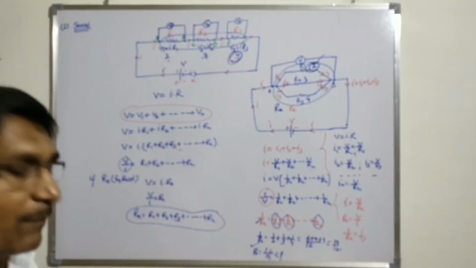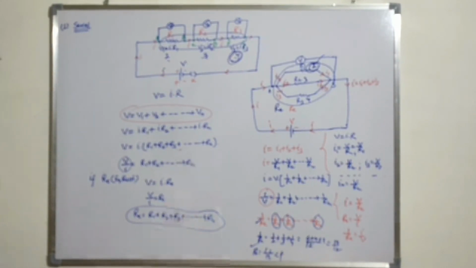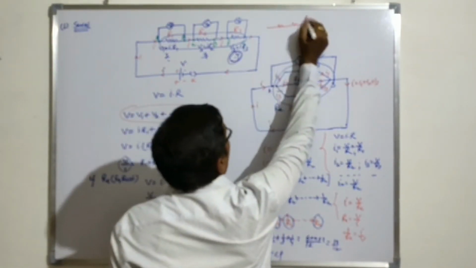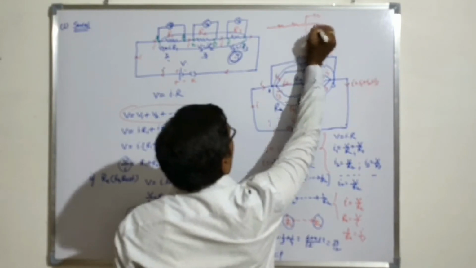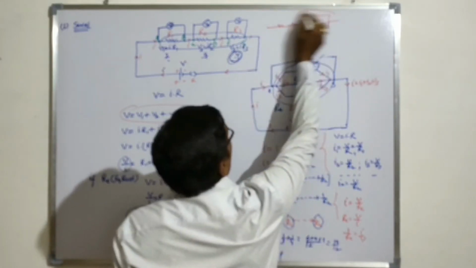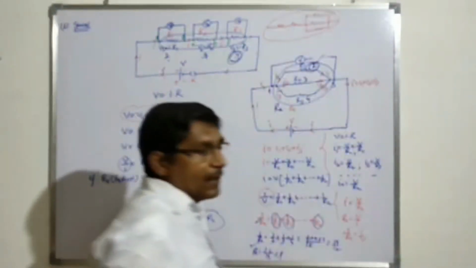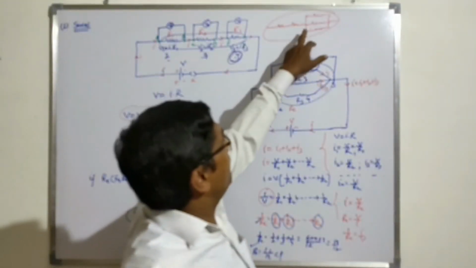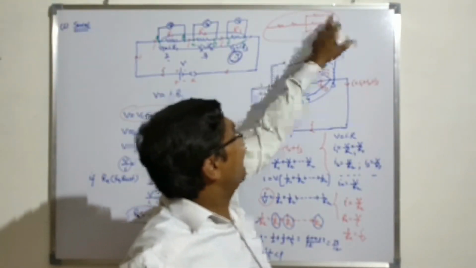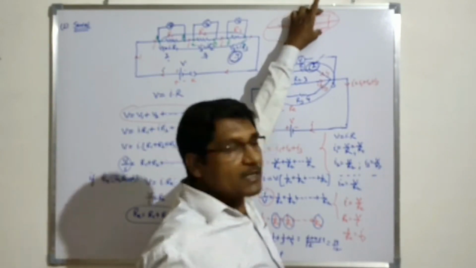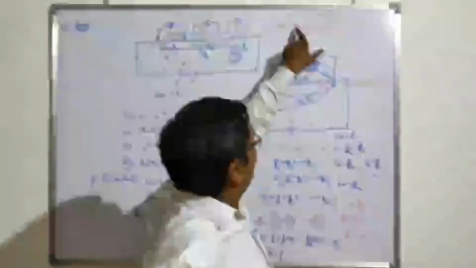And third is the mixed combination. The mixed combination is a mixing of series and parallel like this. Suppose two resistors are connected in series and these are connected in parallel. This is called a mixed combination. In this type of question, firstly we have to solve the parallel part.